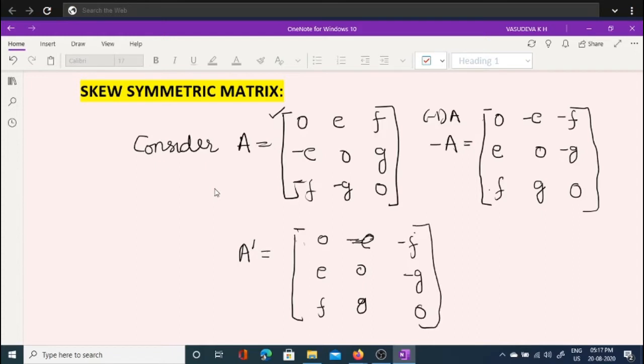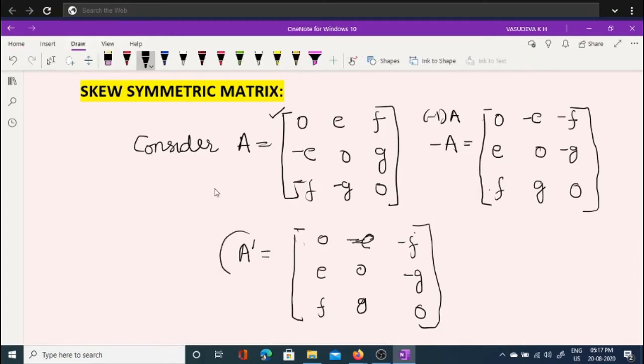So when you observe, minus A and A dash are both equal. So here we conclude that the transpose of A equals minus A, and this matrix minus A and A dash are the same. So we conclude this type of matrix A is a skew symmetric matrix.